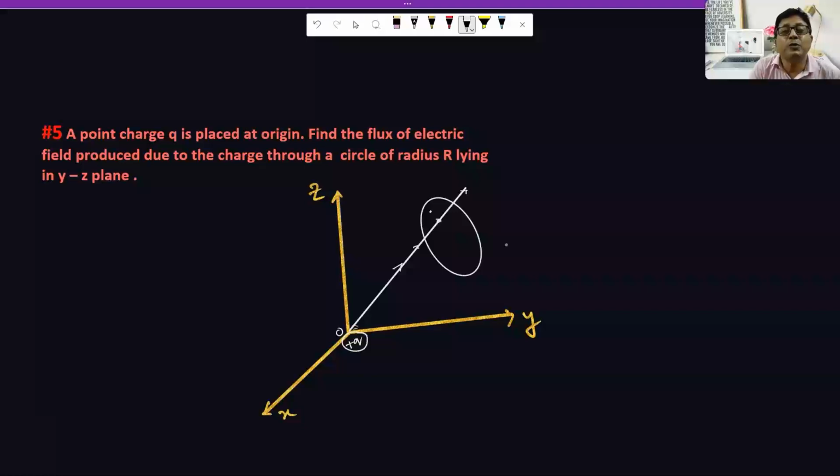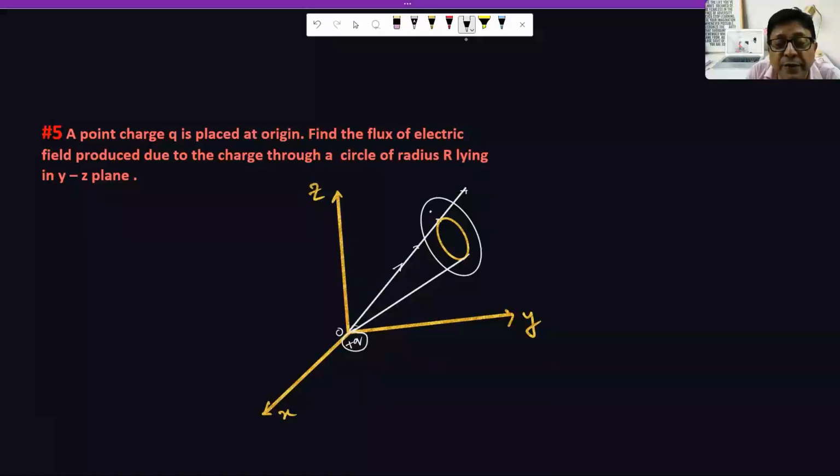So the elemental portion is going to be a circular region. You can see that this circular region, if you consider this 3D view, it is oriented in such a manner that every point on it has the same distance from the origin, isn't it?